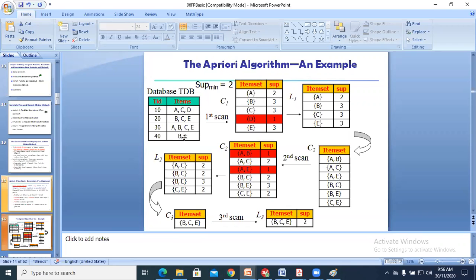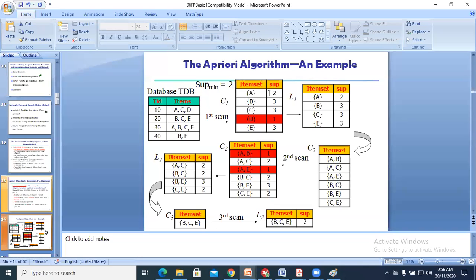For each individual item, we will have the candidate list for one item, which we represent by C1. This candidate list is A, B, C, D, and E.